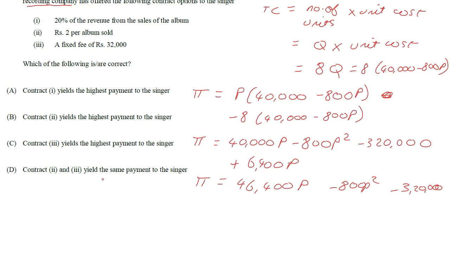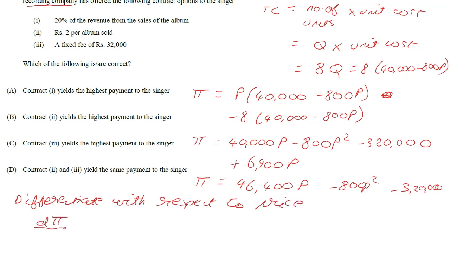Now, to find the maximum profit, I have to differentiate with respect to price. I get d pi by dp is equal to 46,400, since p becomes 1.